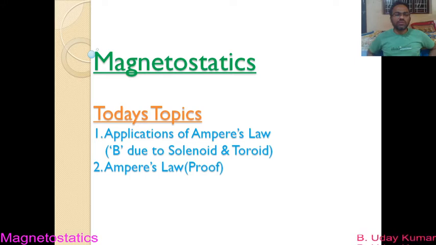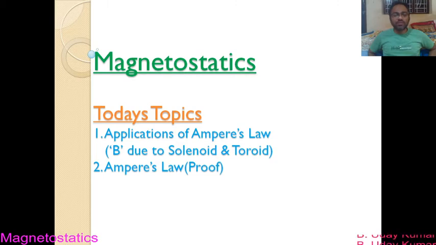So in today's video, we try to finish off the topics that were left in the chapter magnetostatics. In our last class, in our last video, we were dealing with the applications of Ampere's law.